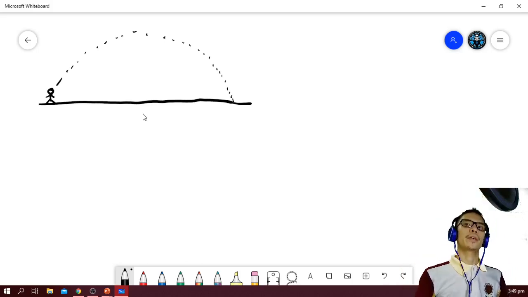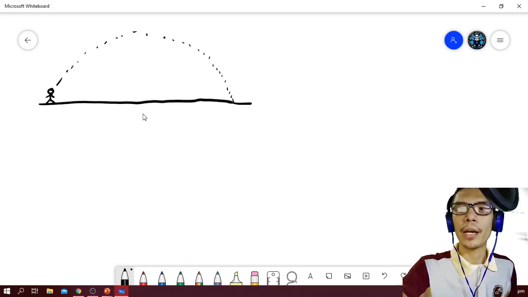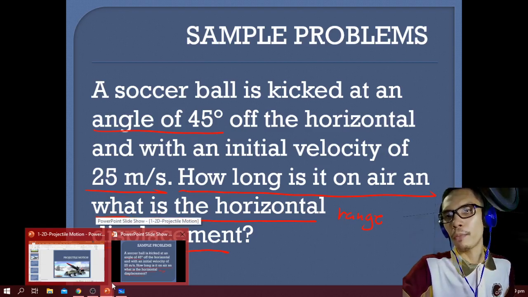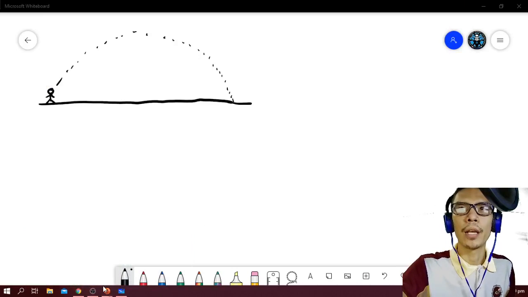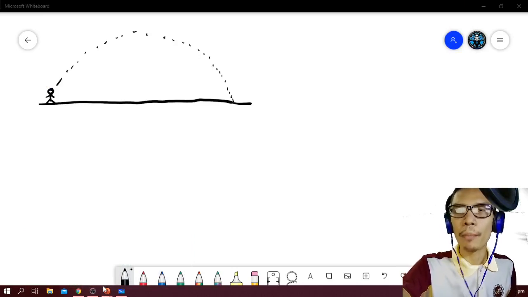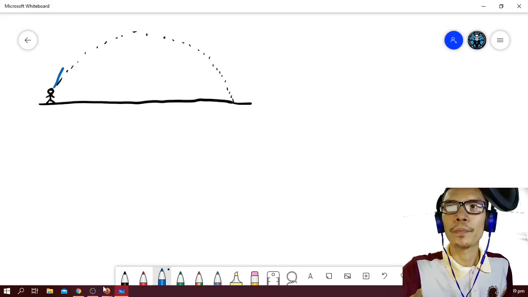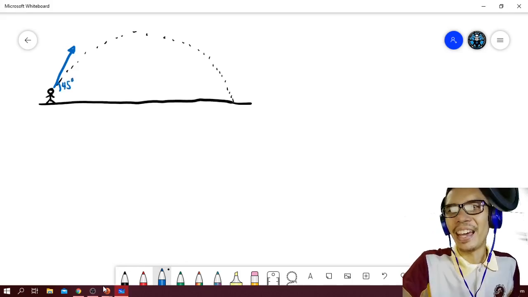The problem says the projectile is launched at 45 degrees of the horizontal, meaning it is above the horizontal. So we can put it right there. 45 degrees. I hope I have the 45 degrees right, so pardon me for that.